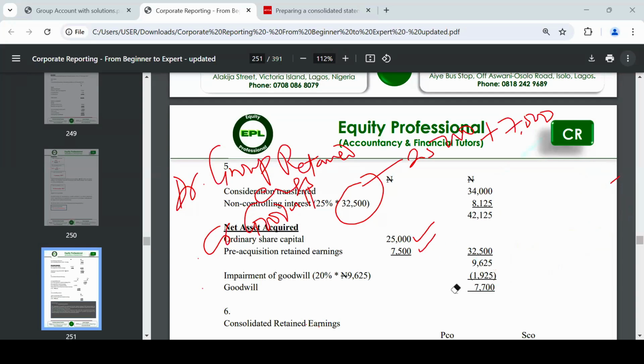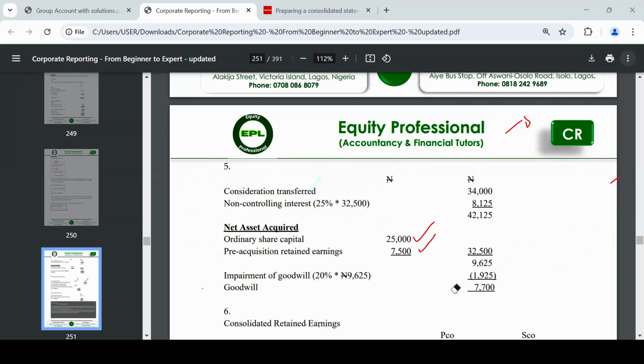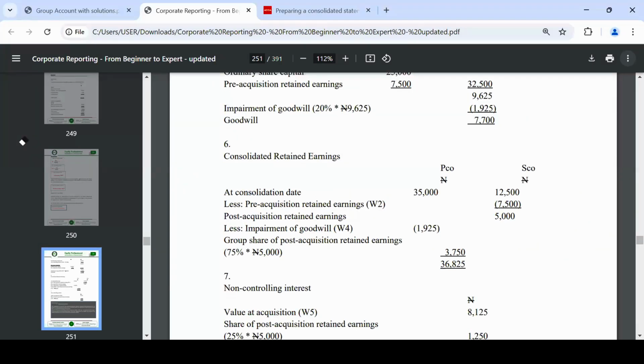Okay, so the rest is easy. You're just going to see us adding up line by line items. And if there's any other thing that is an adjustment, I don't think there is. Okay, when we come to group retained earnings, we are going to have side by side that which is the PICO and that which is the ESCO.